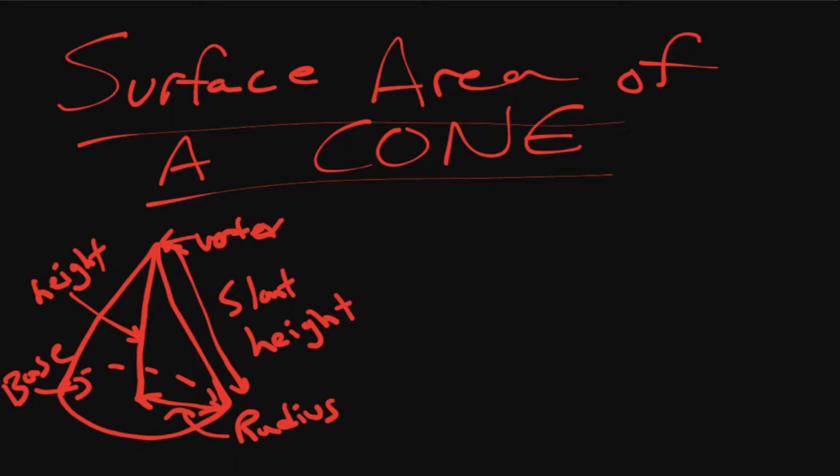And yeah, so obviously we have a circle at the bottom here. So when you are looking for the surface area of a cone, that's one part of it, the area of a circle. We all remember area of a circle is pi r squared.